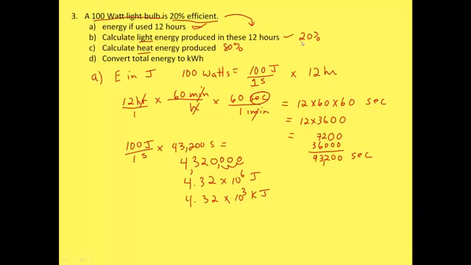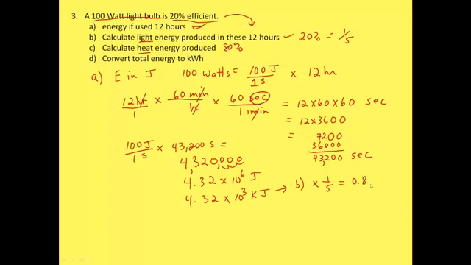So essentially 20% equals 1/5. So for the B part, let's put that over here. When you multiply it by 1/5, what do you get? Just divide by 5.